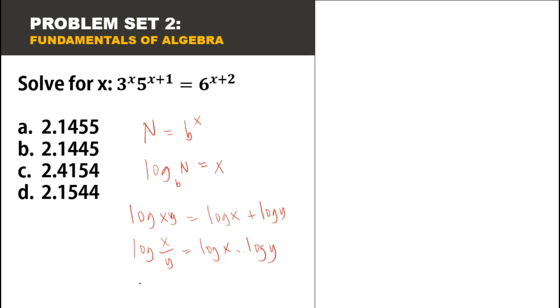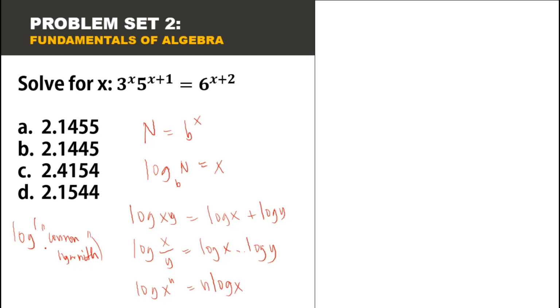You also have the exponent: logarithm of x raised to n is just equal to n logarithm of x. We have two types of logarithm. We have the common logarithm. In this example, this expression log is actually a common logarithm.